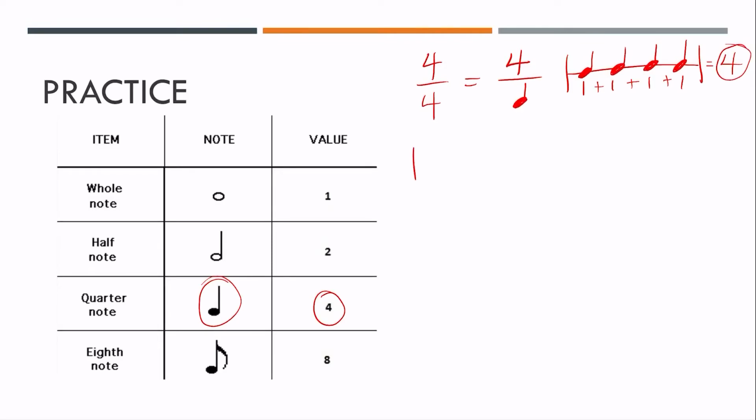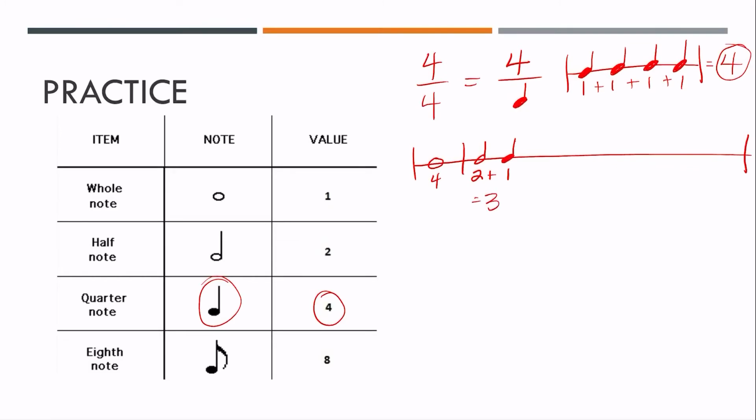So let's do a couple examples. What if I just did 1 whole note? How many beats is 1 whole note? 4. Is that equal to 4? Yes. What if I did a half note and a quarter note? How many beats is that? Well, we know that a half note is worth 2 beats, plus a quarter note is how much? 3.